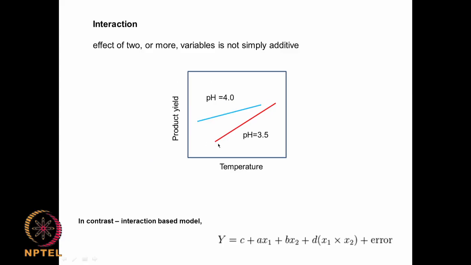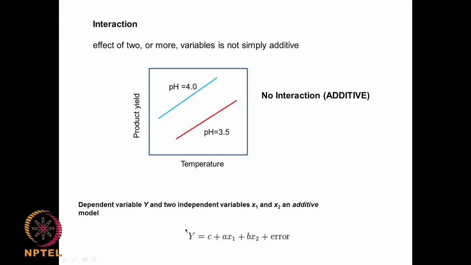Now, you can have situations like this. At pH 3.5 yield is going up, at pH 4 it is not going up as much, but is sort of flattening. So, obviously, at pH 4 the yield depends differently on temperature when compared to pH equal to 3.5, and for this type of situation we can't write an equation like this for y.